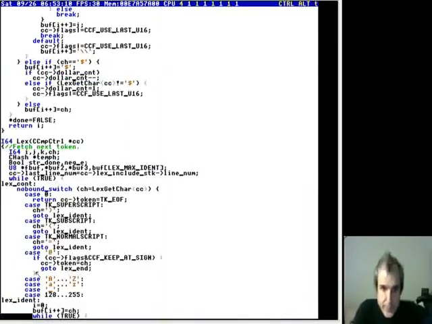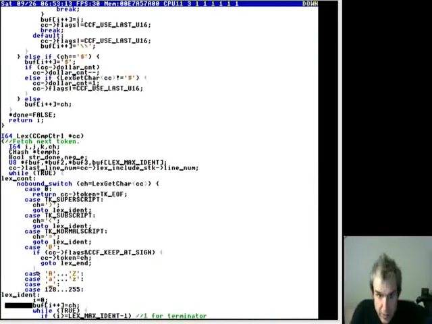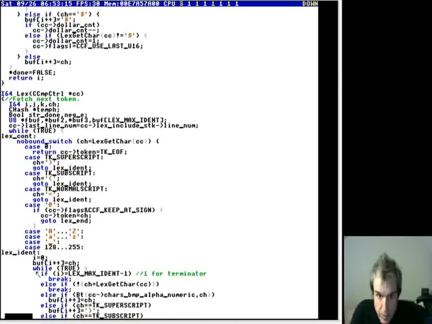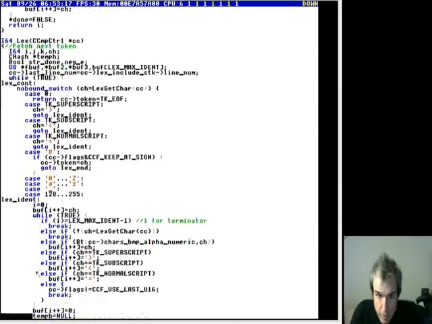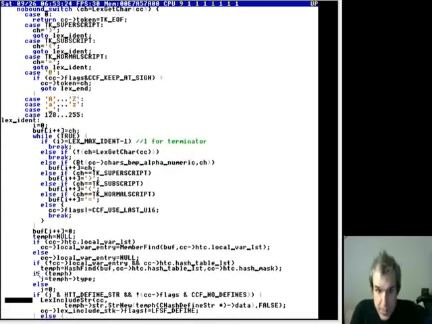So the lexical analyzer combines together identifiers like I64, and what it does is it looks up in the hash table inside the lexical analyzer. Every time it has an identifier, it looks for the hash table entry, the symbol table entry. So the next stage doesn't have to search for the symbol.